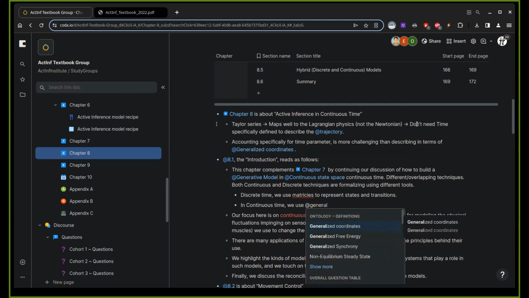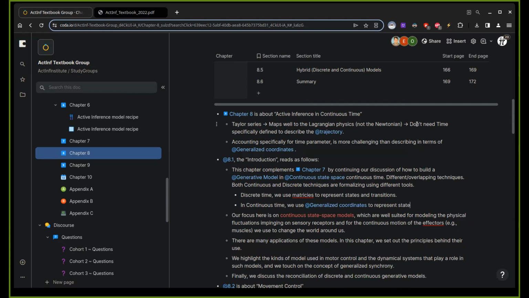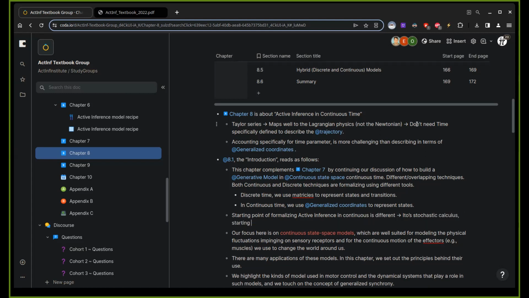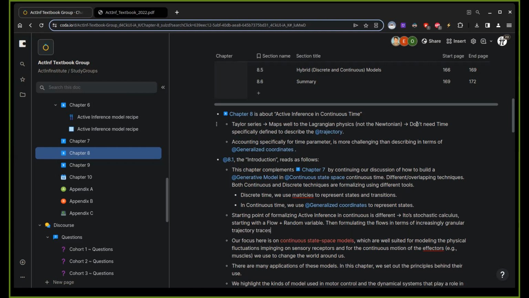The starting point of formalizing active inference in continuous time also differs a bit, because in the continuous time version, we begin with a variant of Ito's stochastic equation by representing a flow plus a random variable, and then trying to formulate the flows in an increasingly granular way, tracing the trajectory through the continuous time state space, employing Taylor expansions and other mathematical technologies and so on.